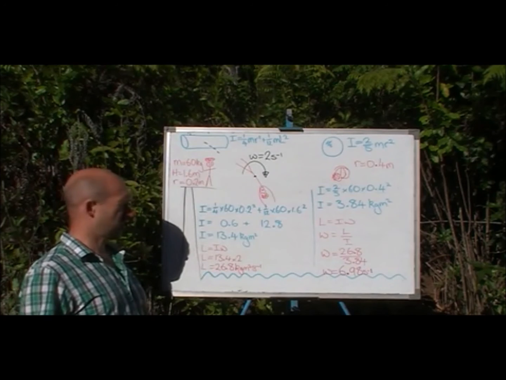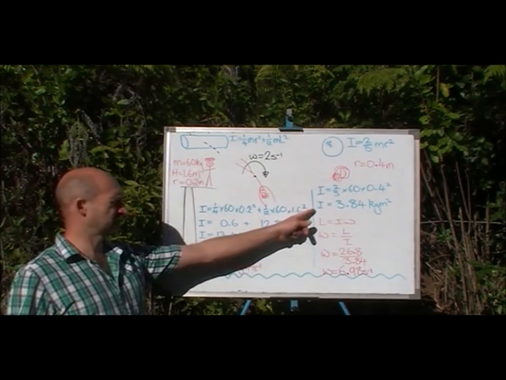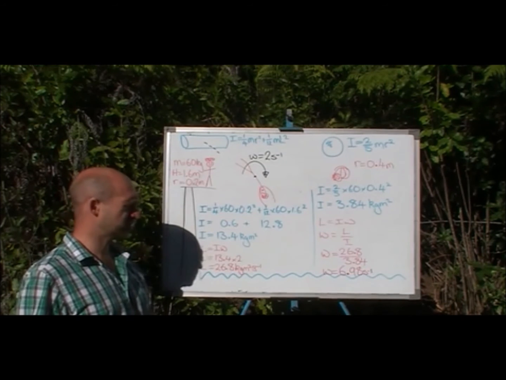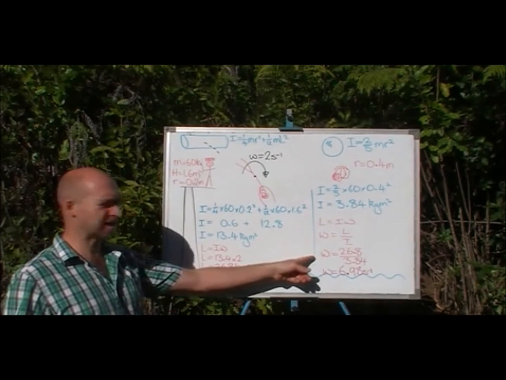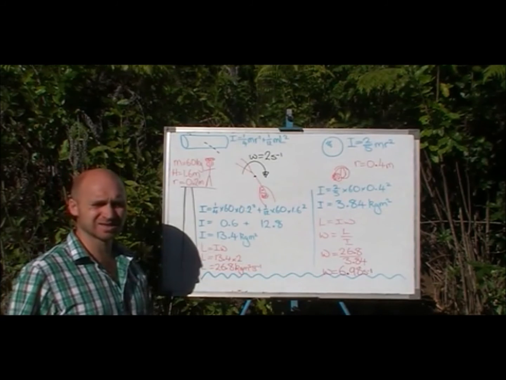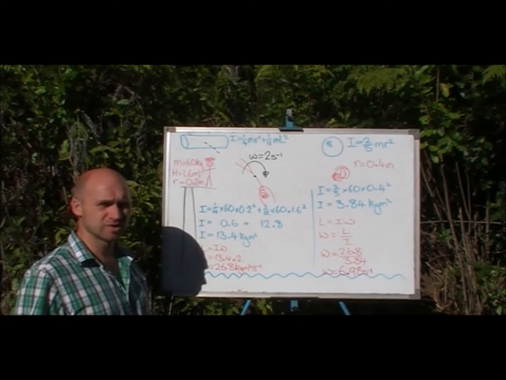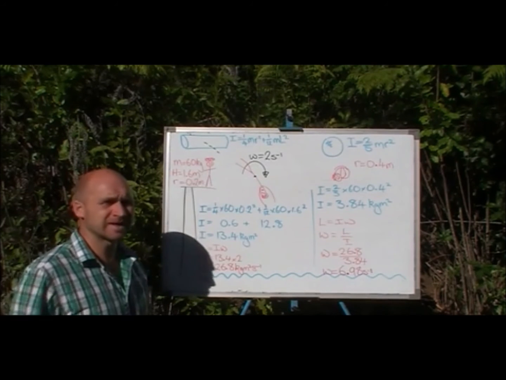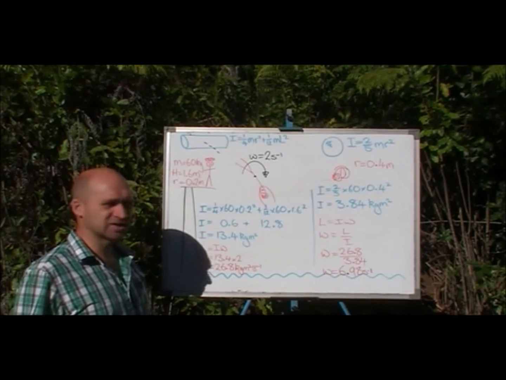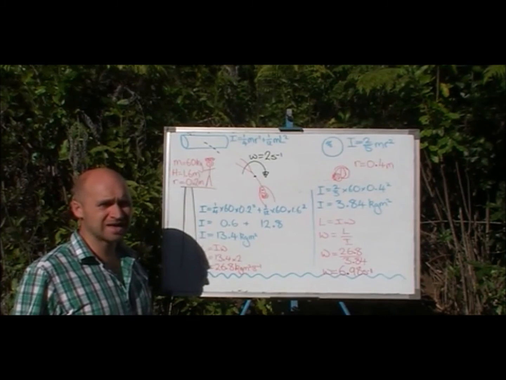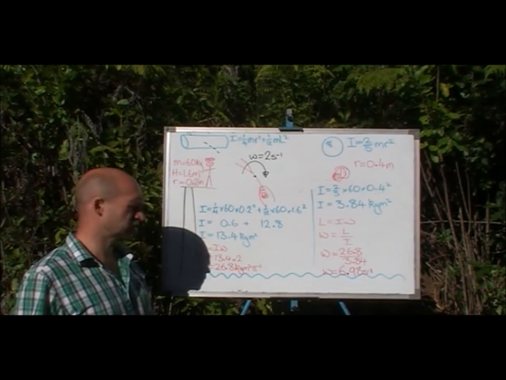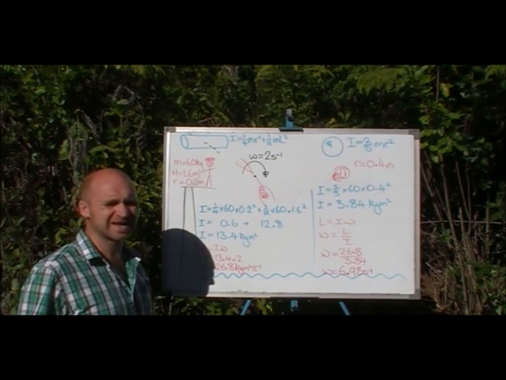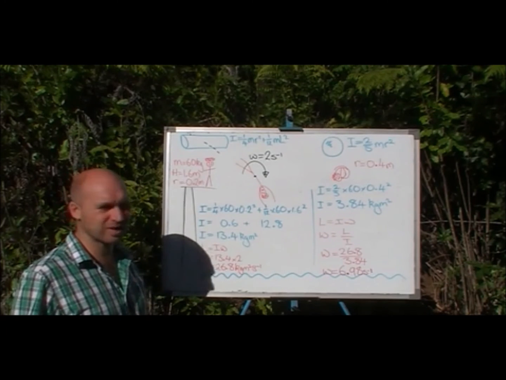And so hopefully you got an inertia for that solid ball of 3.84 kilogram meters squared, and then rearranged to get omega equals L upon I, and got 6.98 per second as your angular velocity. Trying to make some meaning out of that. Remember that 2 pi is 1 revolution, so 2 pi per second is 1 revolution per second, and 2 pi is 6.3-ish.